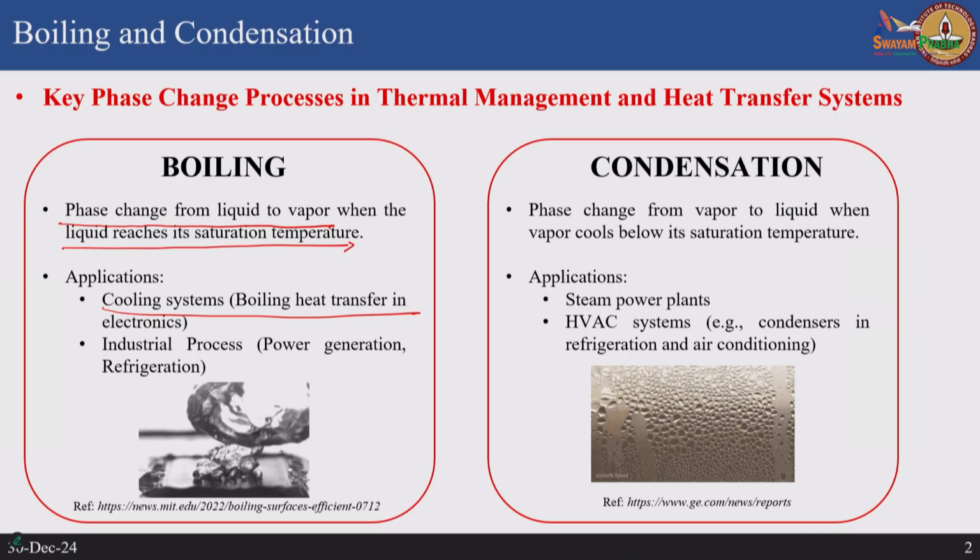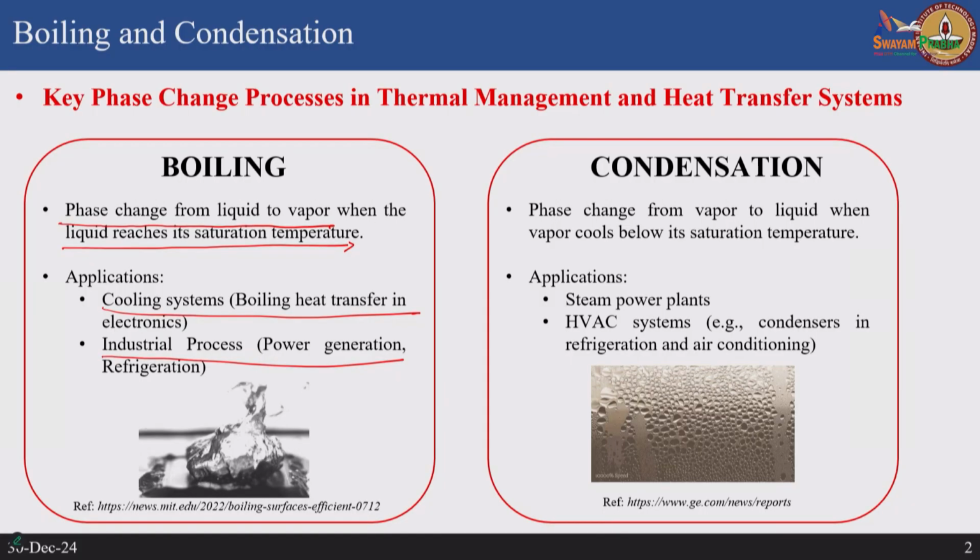So, cooling systems is the number one application of where boiling can be used, and of course, any industrial process, whether it is power generation or refrigeration cycles, you see phase change heat transfer being employed. If you look at power generation, in your conventional Rankine cycle, you have an economizer and a boiler. The economizer is mostly sensible heat addition, but in the boiler you have phase change happening.